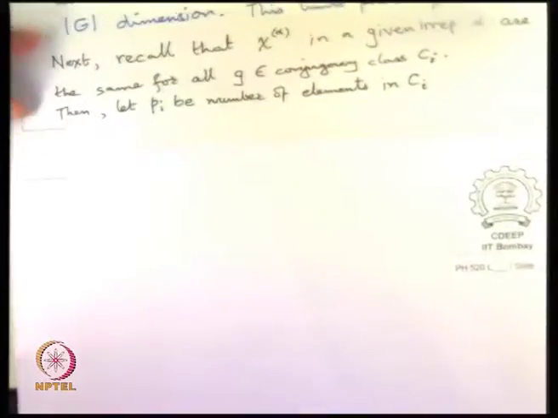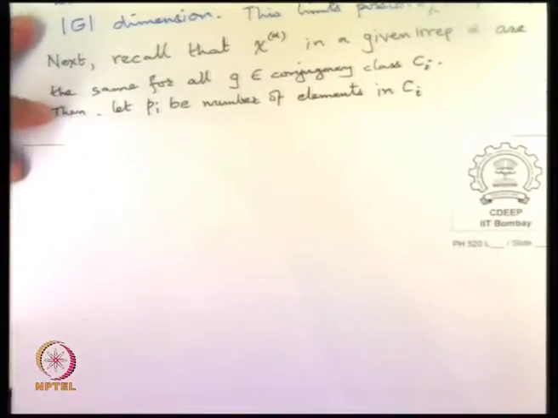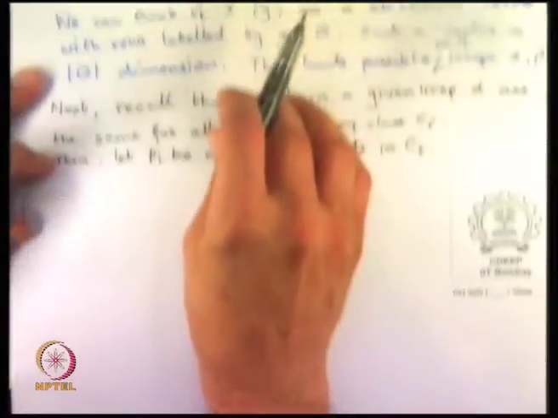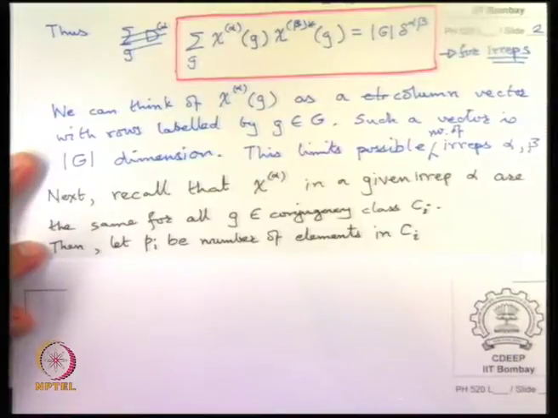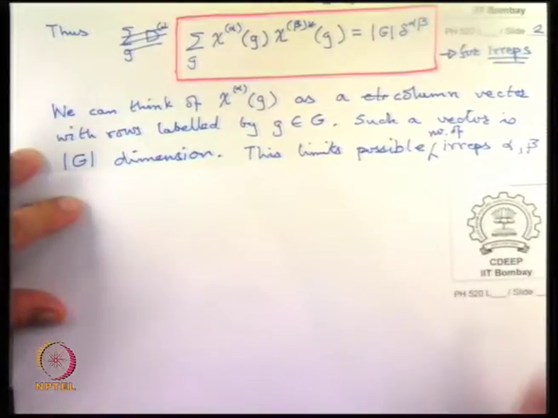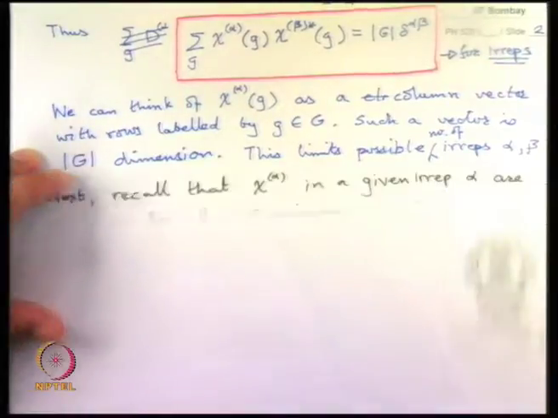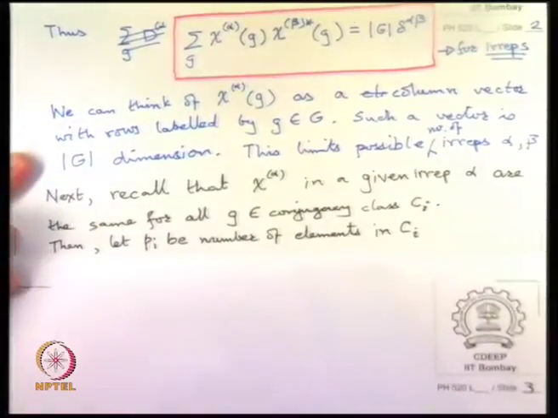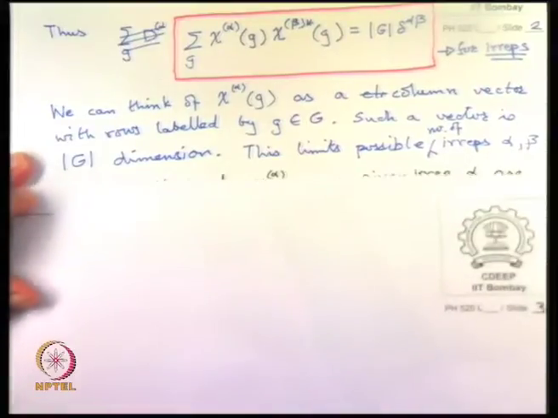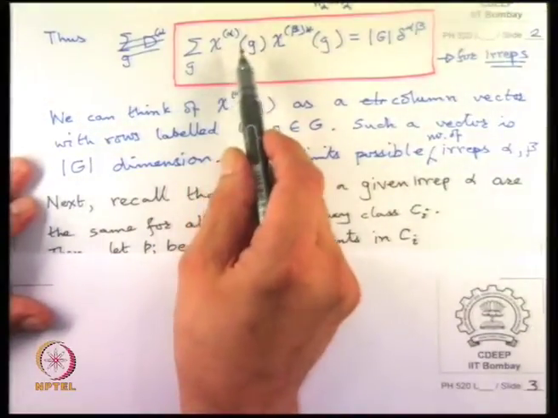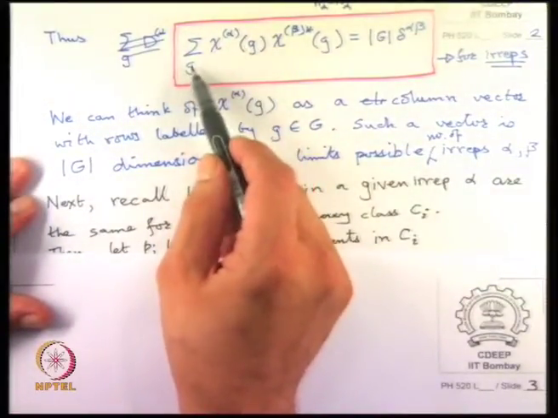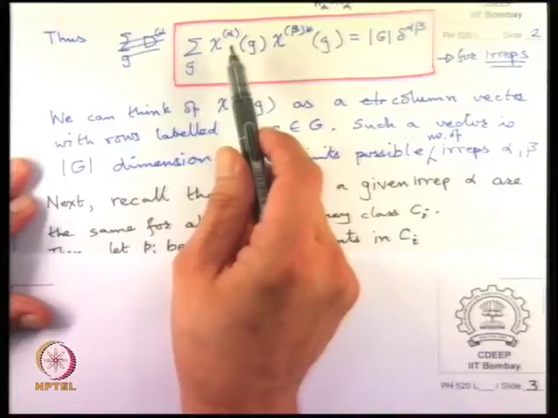And how many conjugacy classes, that also we can introduce a symbol for. So we are just going to rewrite this summation directly for conjugacy classes. So let Pi be the number of elements in a class Ci, and let there be totally R classes. This summation will break up into a summation over classes, and when you are summing over a particular class, the value of chi will remain the same.